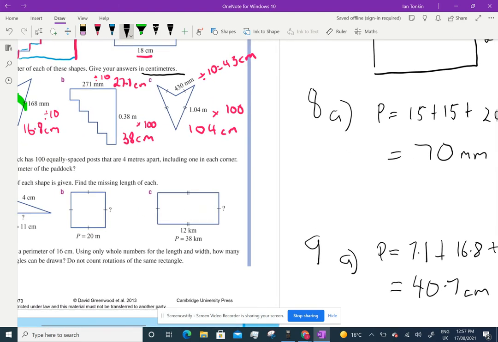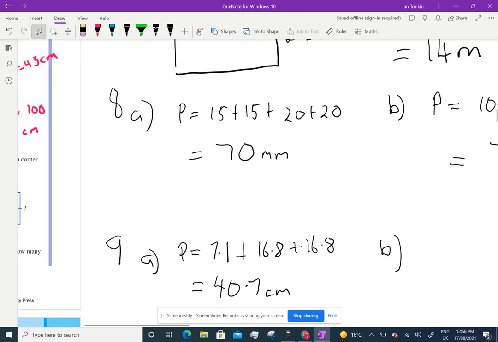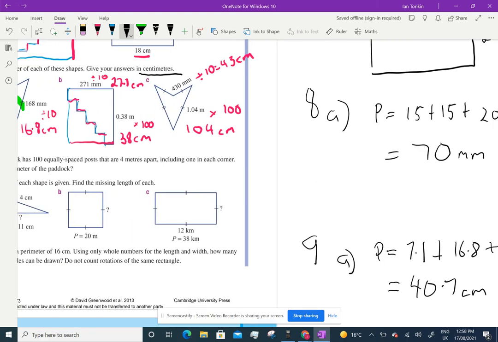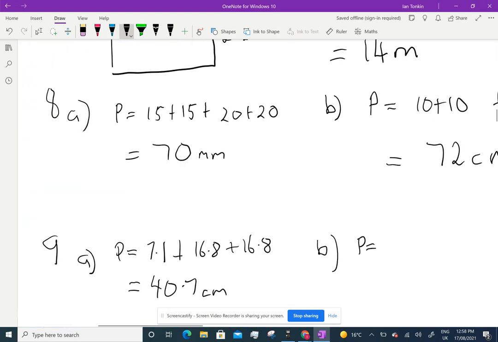9B. Again, I've got centimetres down here, but I'm going to push all of these vertical bits down to there. I'm going to push all of these horizontal bits down to there, and I'm going to get a rectangle. So it's just the two sides added together. So the perimeter equals 38 centimetres for the right-hand side, and now the left-hand side.